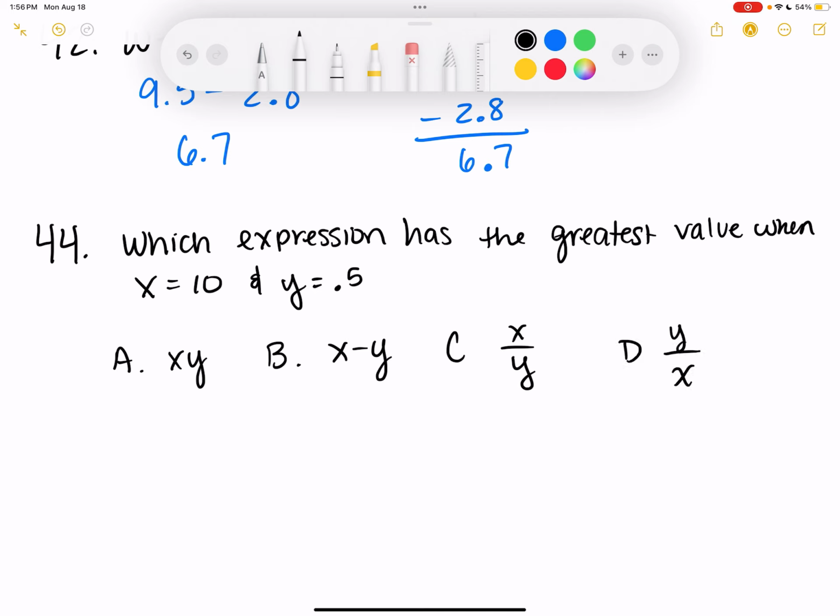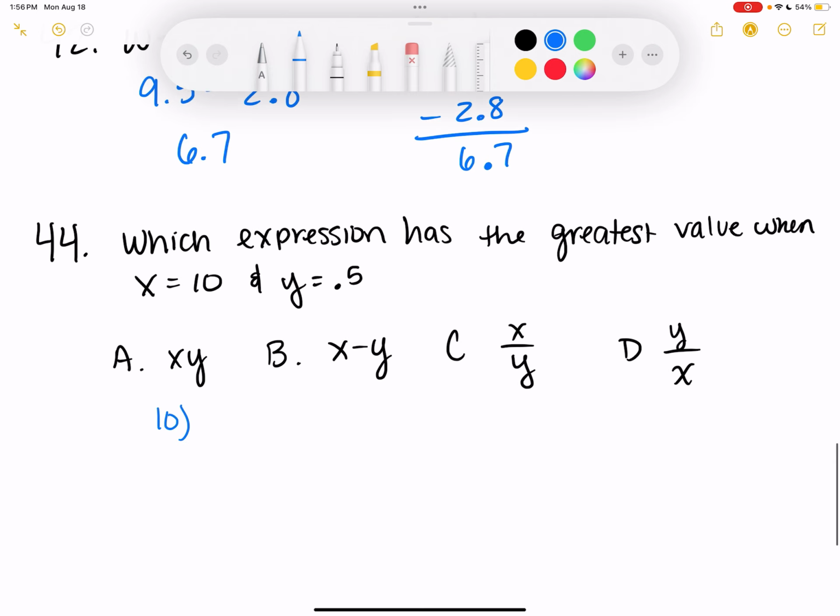So take a minute and see if you can figure out which one it would be. And if it helps you to think about the decimal as a fraction instead, you can obviously convert it to a fraction as well.